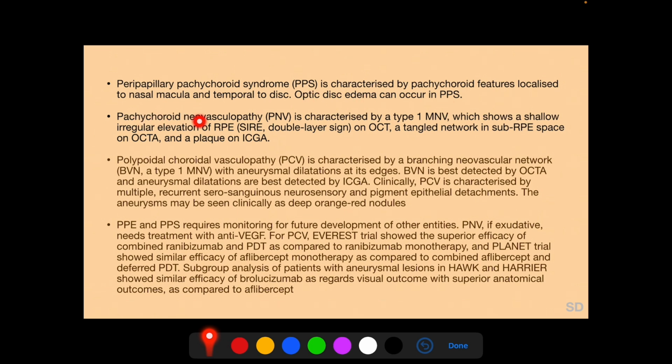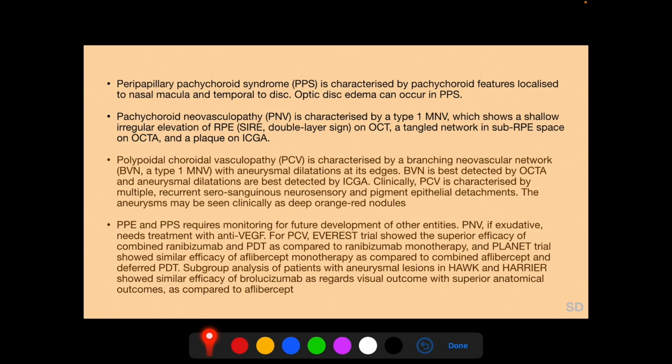Pachychoroid neovasculopathy is characterized by a type 1 MNV which shows a shallow irregular elevation of RPE on OCT, a tangle network in sub-RPE space on OCTA, and a plaque on ICGA. Polypoidal choroidal vasculopathy, or PCV, is characterized by a branching neovascular network, BVN, which is a type 1 macular neovascularization with aneurysmal dilatation at the edges of the BVN.